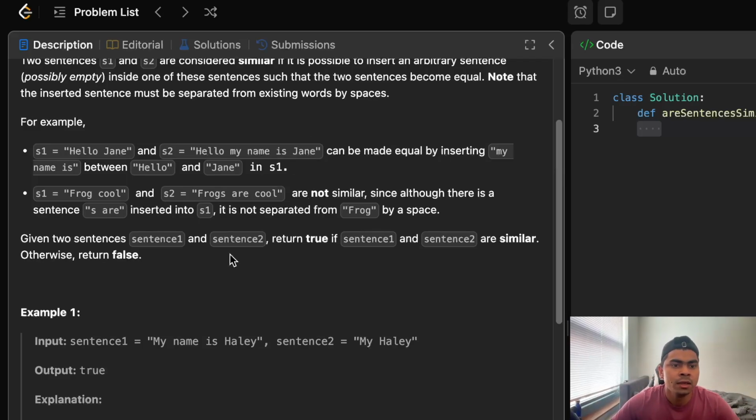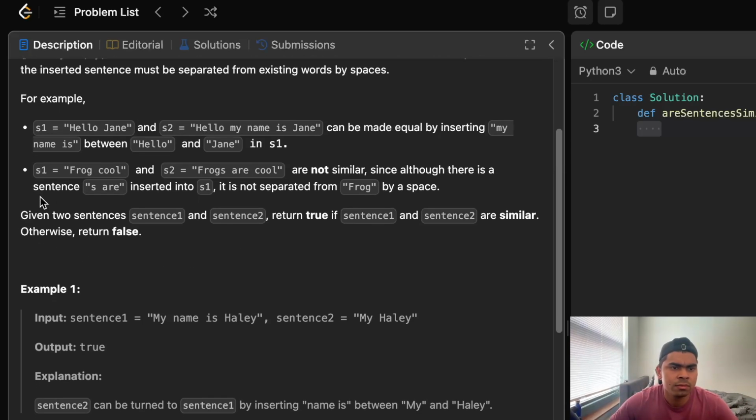Another example: S1 is "frog cool", S2 is "frogs are cool". They are not similar, because the "s" is not present in "frog", so this part is being inserted into S1 to make it the same, but there is no space over here.